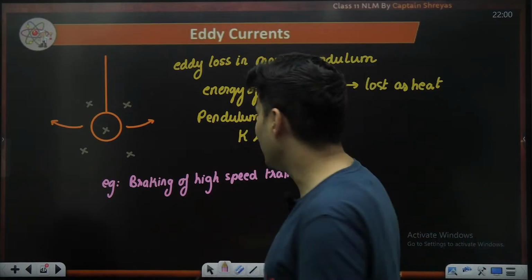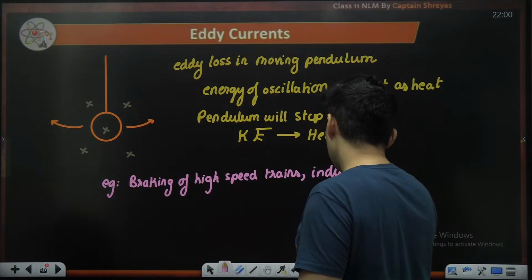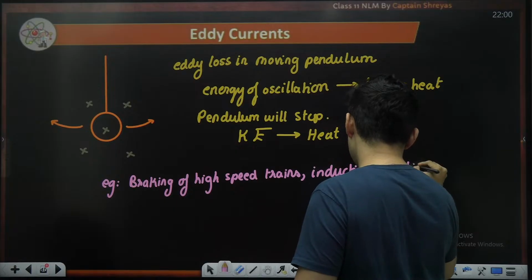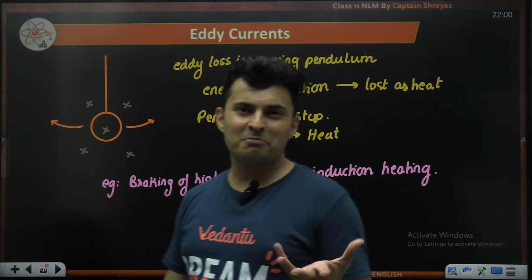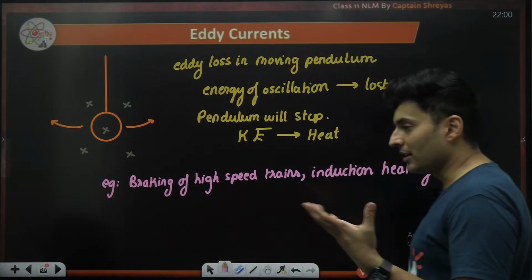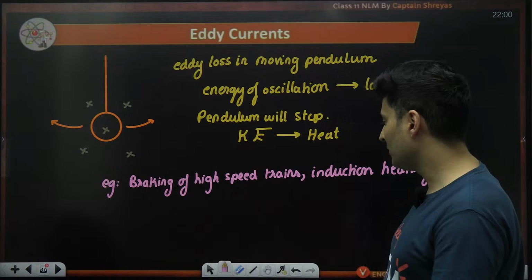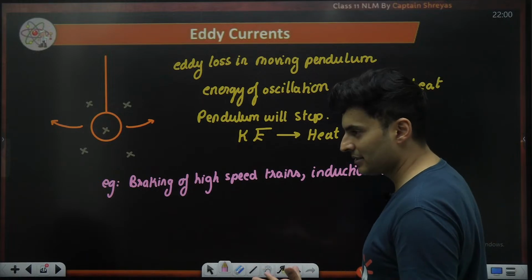So, contactless braking. Even the concept of induction heating also happens by this only, where you are converting some kind of motional energy into heat energy. All right, so these are some of the examples that you can think of for eddy currents.